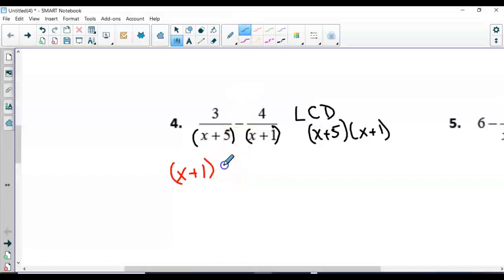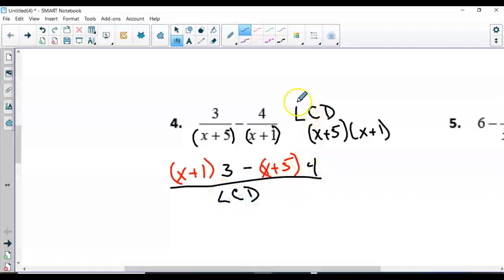Times 3 minus the LCD, or the factor that we need to multiply the right-hand term by, is x plus 5 times 4. And instead of writing the whole LCD out, we're just going to write LCD down here. We already know what the LCD is up there.